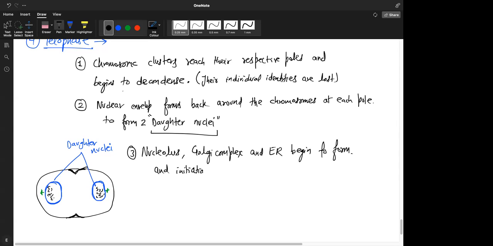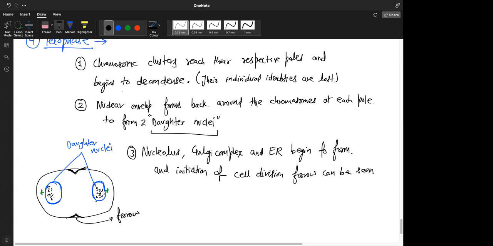And initiation of cell division furrow can be seen. This is the furrow.